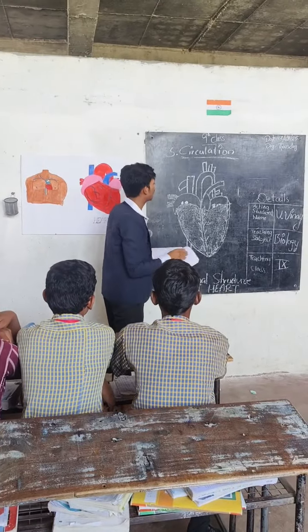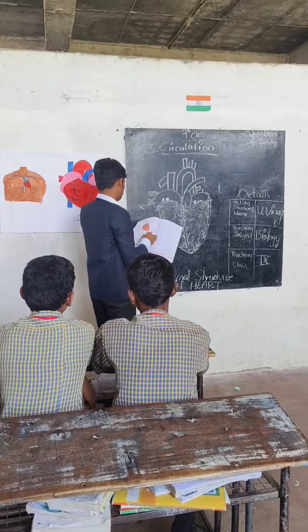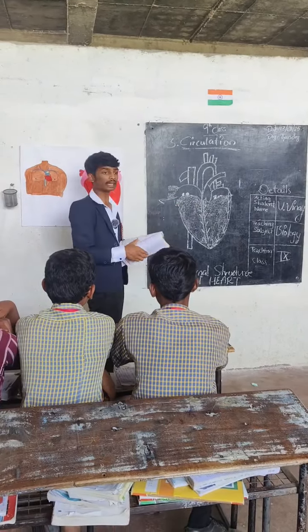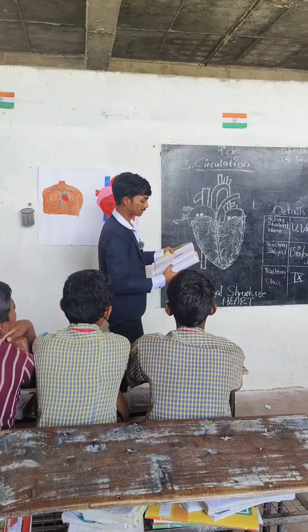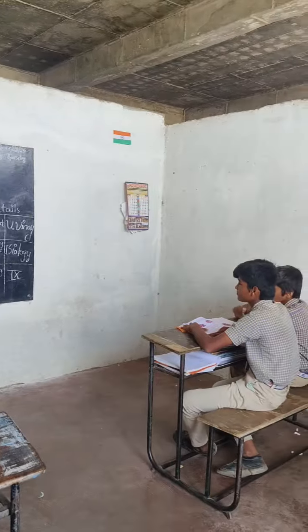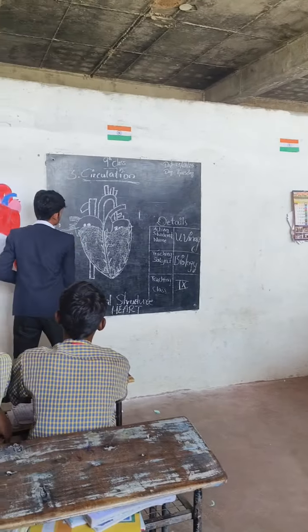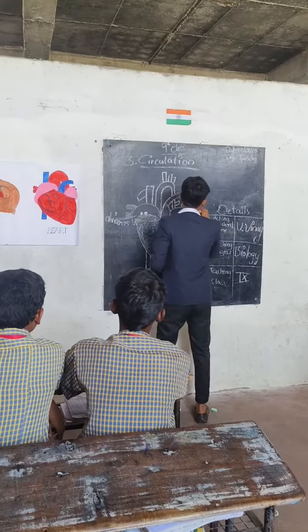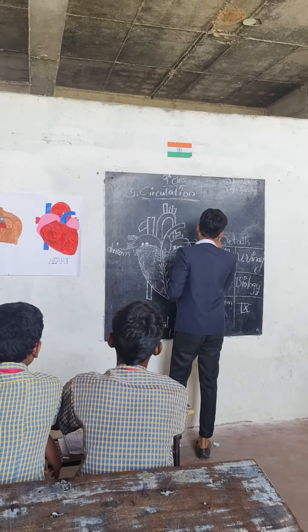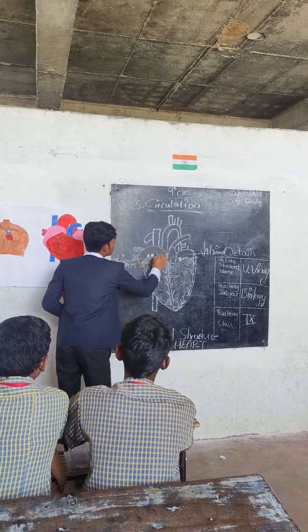The heart contains 4 chambers, called pulmonary arteries and pulmonary ventricles. Atriums. These 2 parts are called atriums, and these upper parts are called atrium.